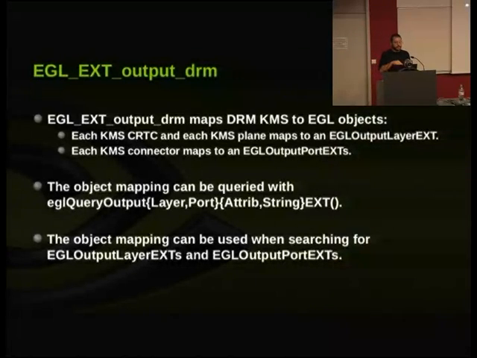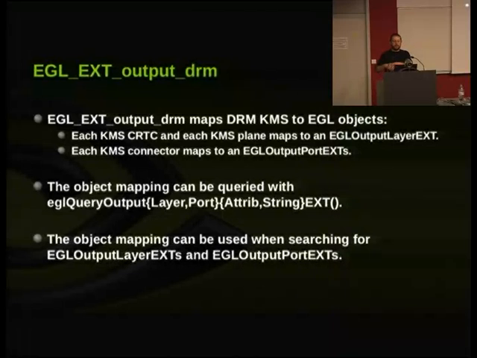So the EXT output DRM extension lets you correlate your EGL objects with DRM-KMS planes. So each KMS CRTC or KMS plane would map to an EGL output layer, and each KMS connector would map to an EGL output port.